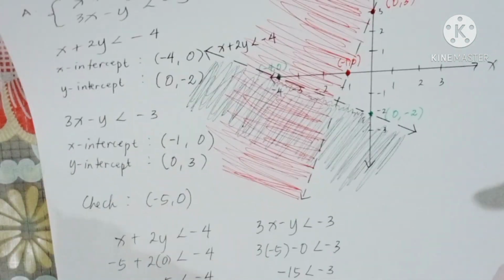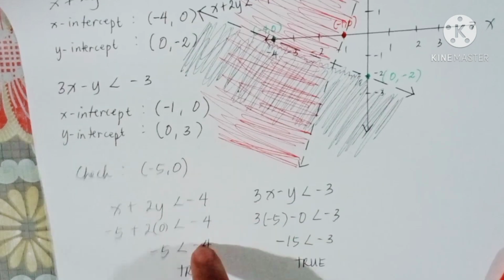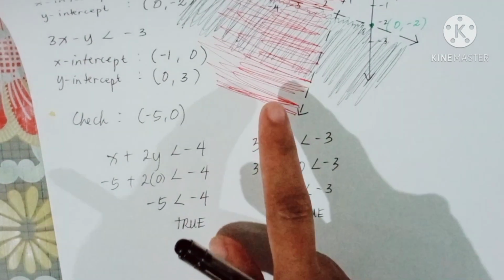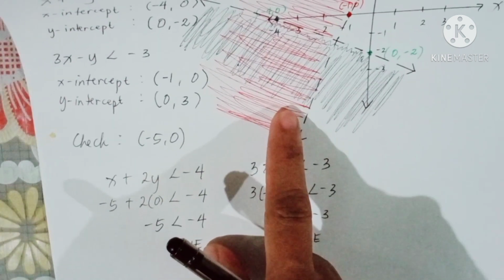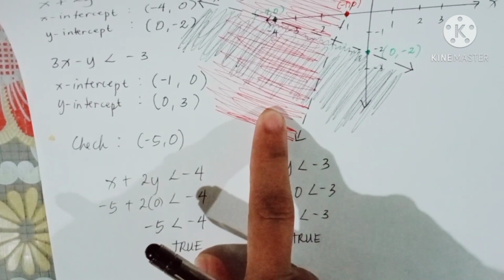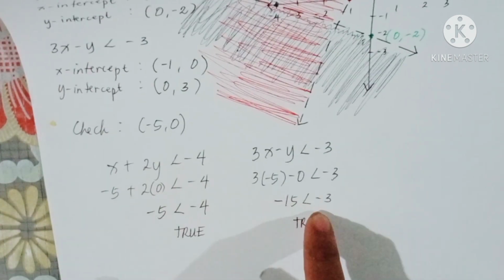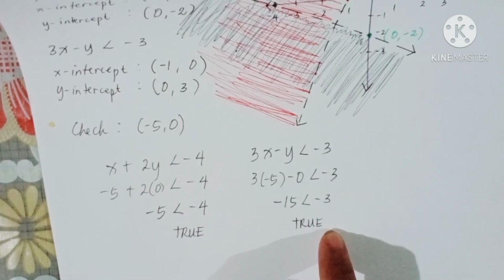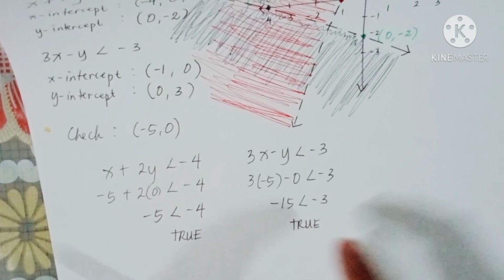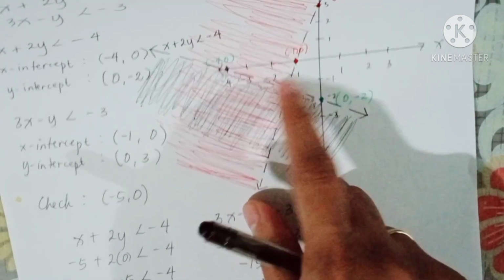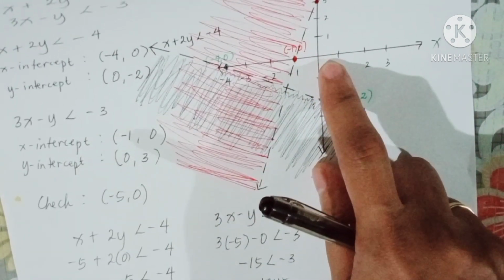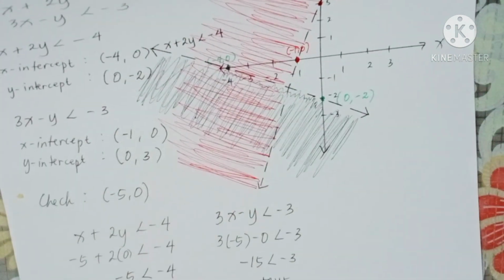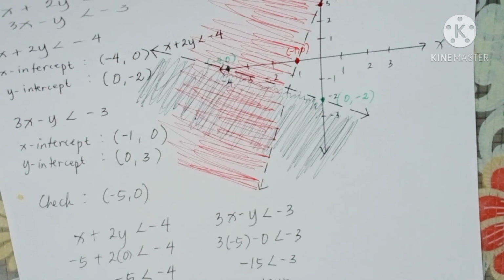And by solving, getting one of the points from the shaded region, we conclude that both inequalities are true. Okay, so we have checked that 0, 0 is not true, so it's false. So this is the system of linear inequalities.